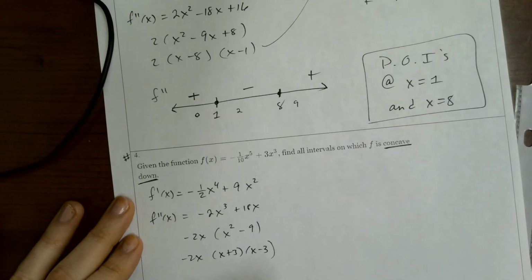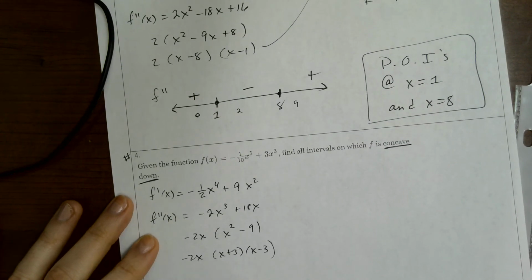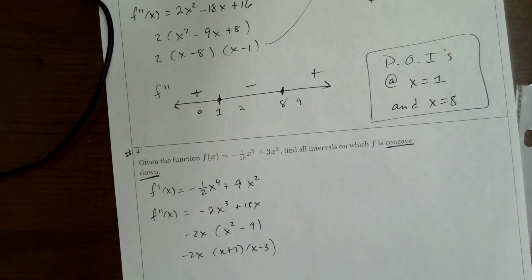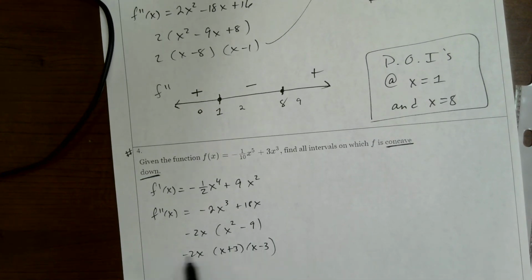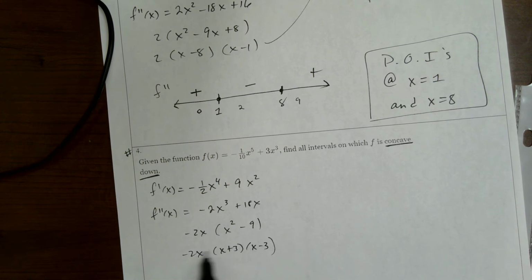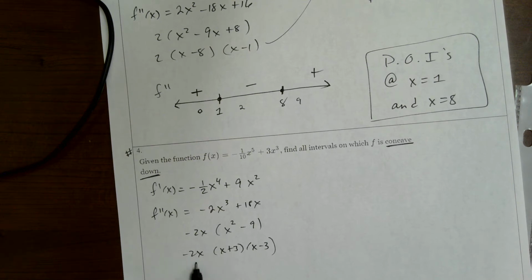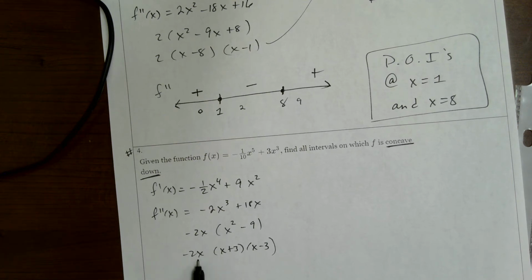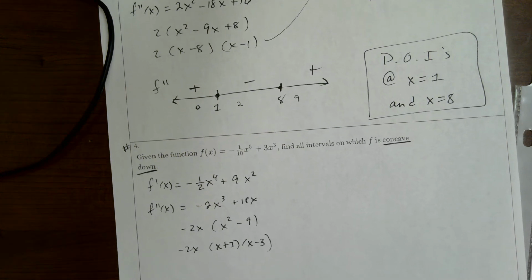Okay, so when we do this number line test, take a look at each of these factors, guys, and ask yourself, when are these factors 0? So negative 2x, we'd have 0, negative 3, and positive 3.